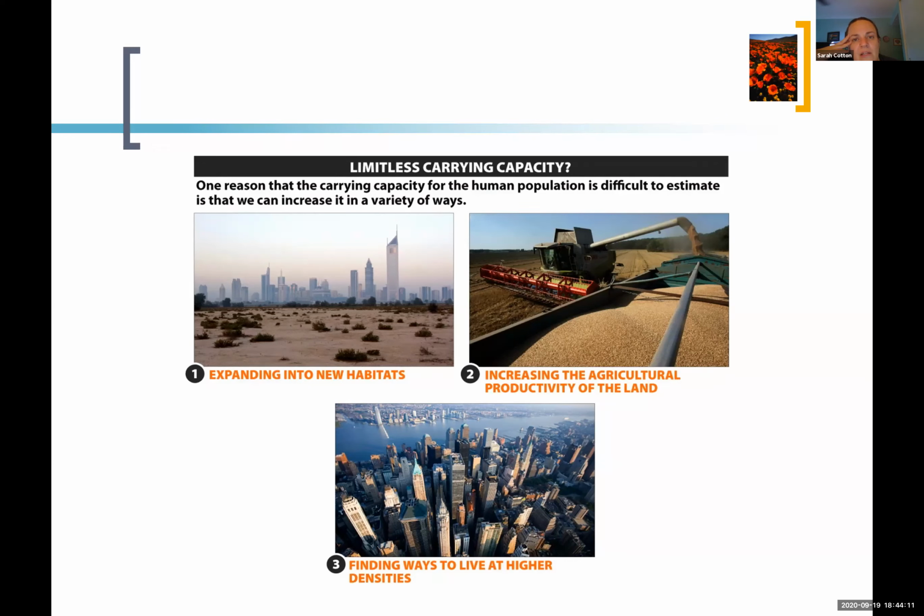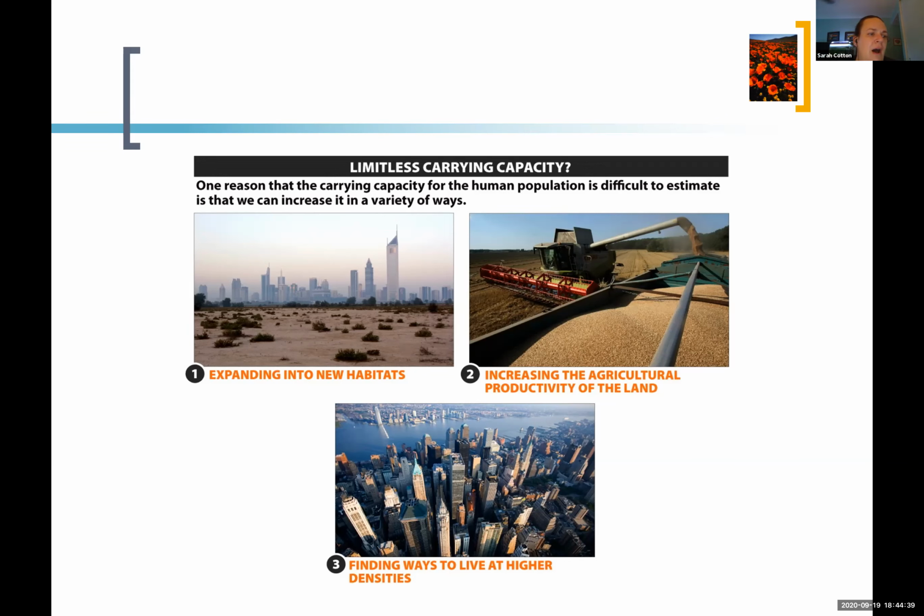technology is allowing us to utilize resources differently than we have in the past, right? We expand into new habitats. We invented air conditioning, so now we can live in the desert. We build taller buildings that we can cram more people into. We develop methods of agriculture that produce more food per acre.